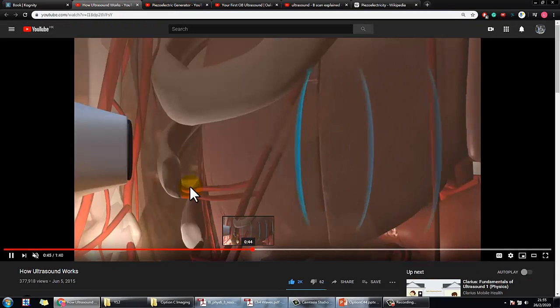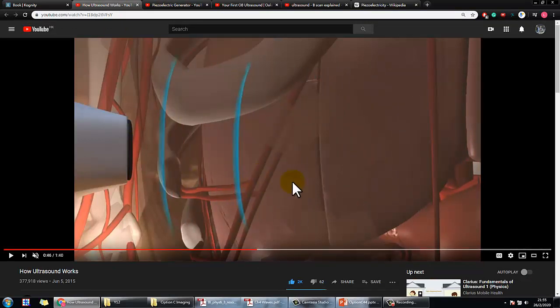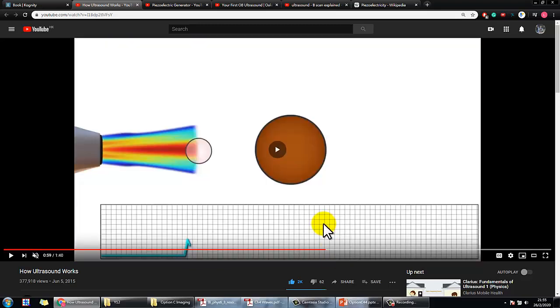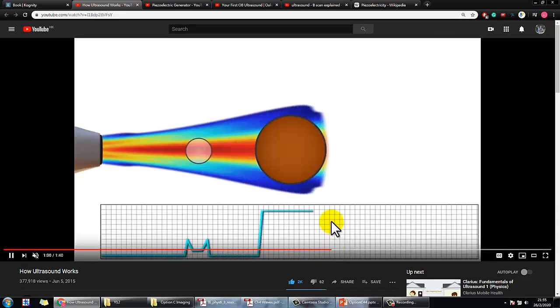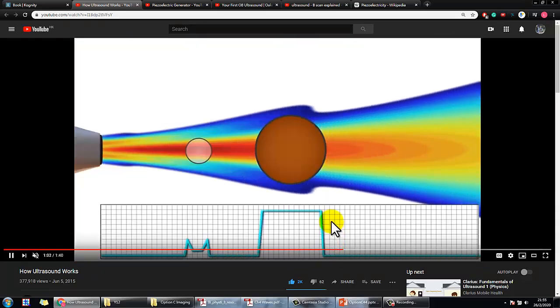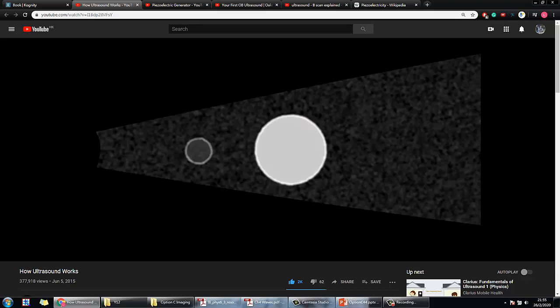So basically, you can watch the video later on in the description by pausing the video. At the same time, I would like to tell you, the basic idea is when you send a signal, it will go through quite a few layers of organ. After that, because a wave is a wave, it must have refraction and reflection.